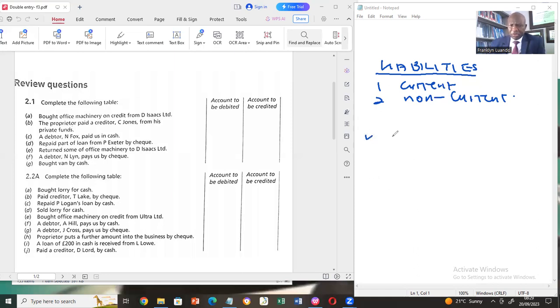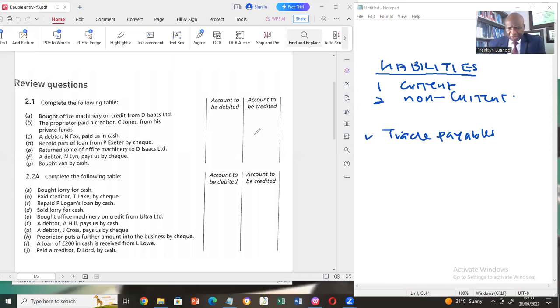Number 1, trade payables. Trade payables are those amounts that we owe suppliers for the goods that we bought on credit.